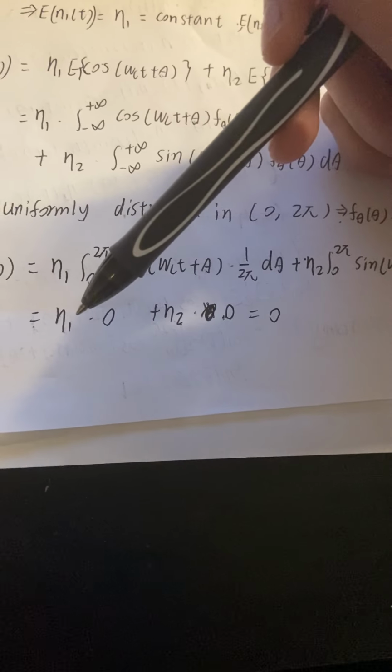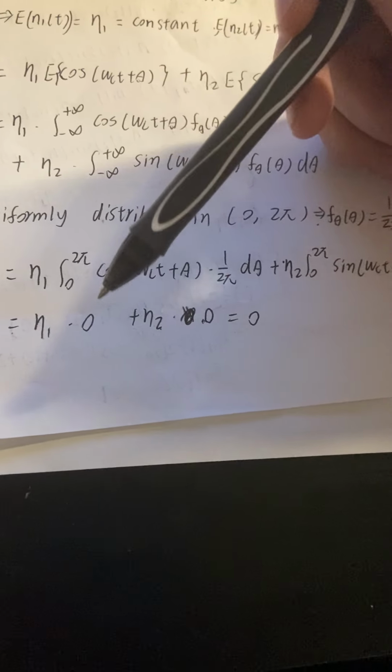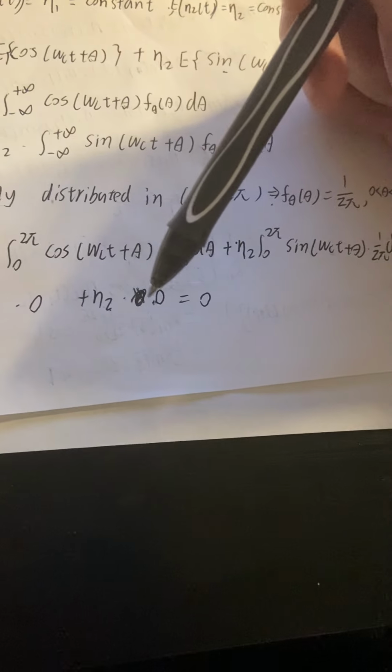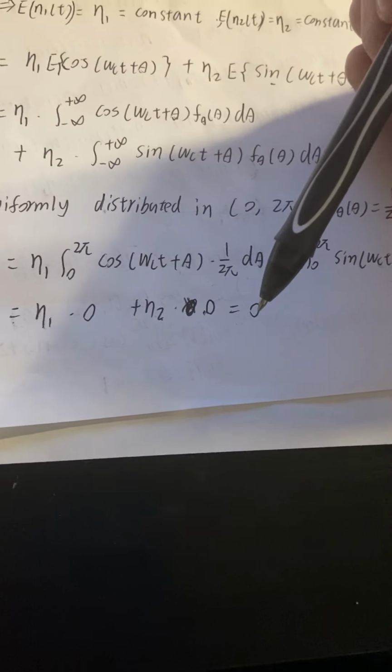So the first term is eta1 times 0, the second term is eta2 times 0, and the final result is 0.